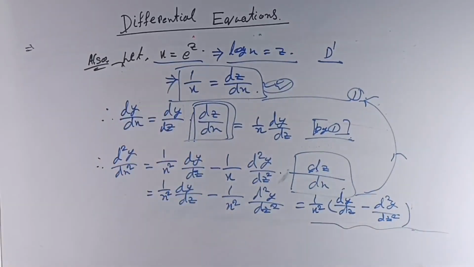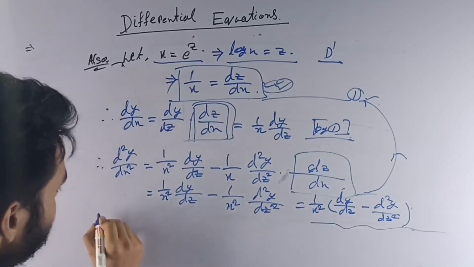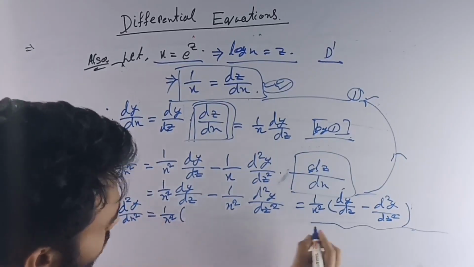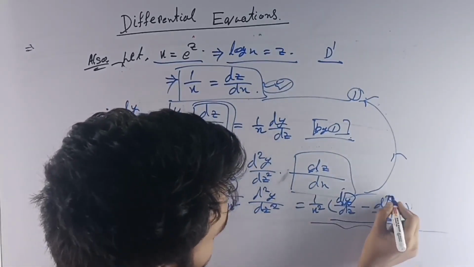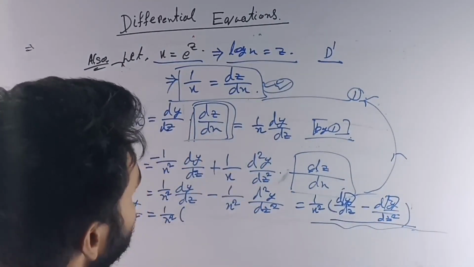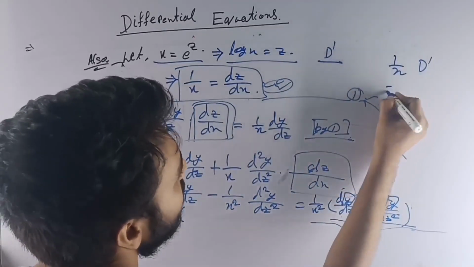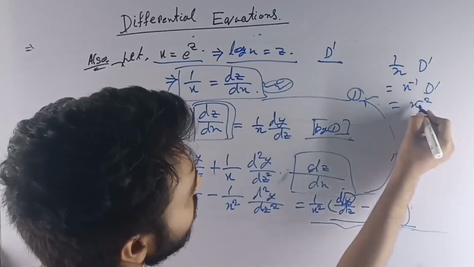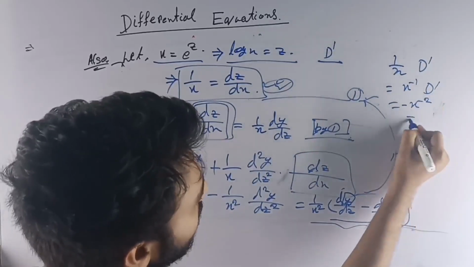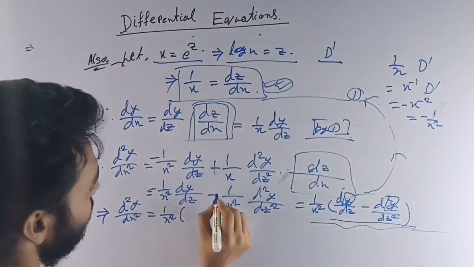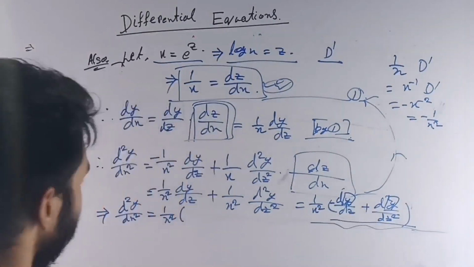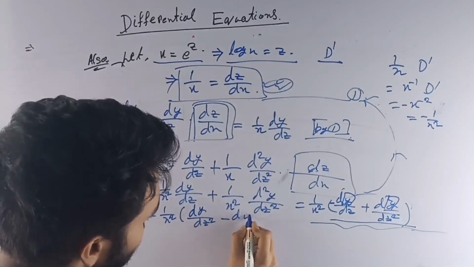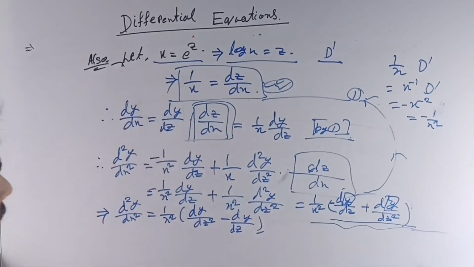Okay, I'm sorry, I made a mistake. The derivative of 1 by x is minus x to the power minus 2, that is minus 1 by x square. Sorry for that. And now that equals 1 by x square times d2y by dz2 minus dy by dz.